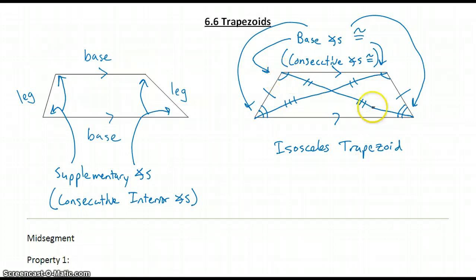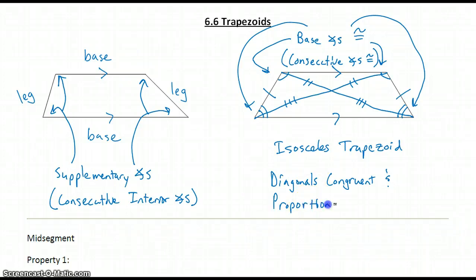So if we look at the overall length of these diagonals, this diagonal is congruent to this diagonal. And if we look at how they are congruent to each other, they don't bisect each other, but they do intersect proportionally. So the diagonals in an isosceles trapezoid are congruent and proportional.